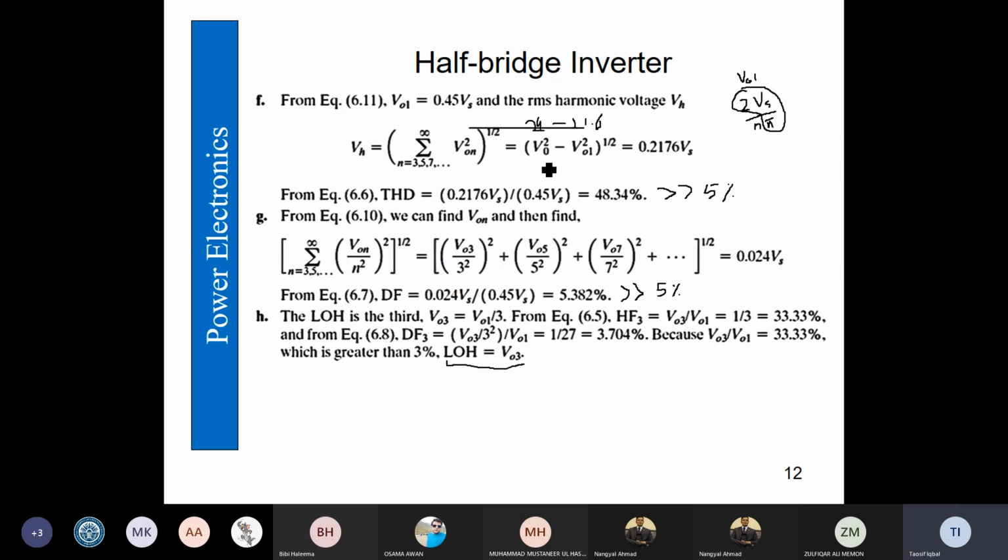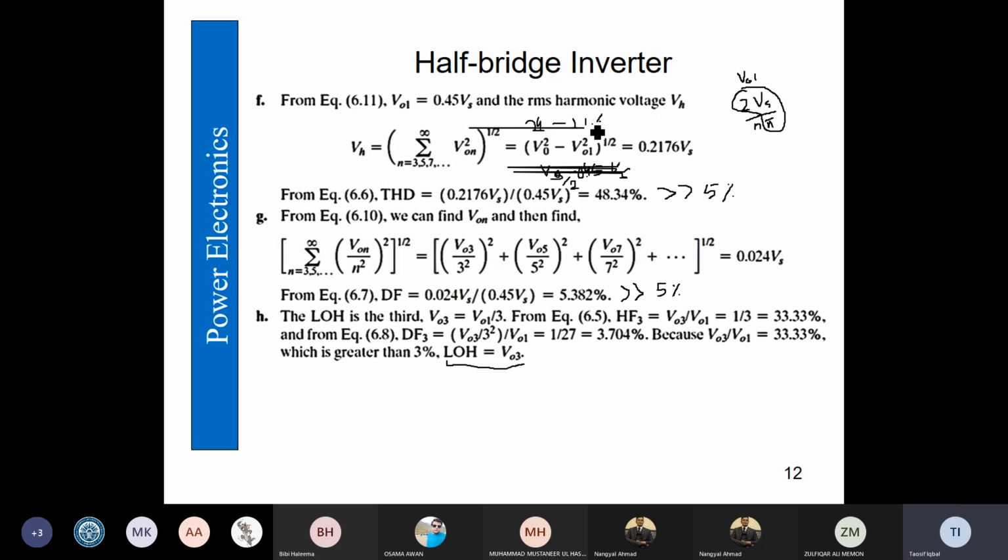The other way around is because output voltage is the total voltage, whereas VO1 is 0.45 of the supply voltage, and the output voltage Vout is basically half of the supply voltage, Vs by 2. So one is 0.5 supply voltage and the other one is 0.45 of the supply voltage.